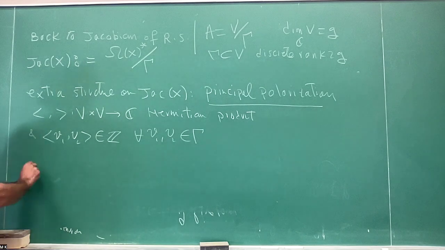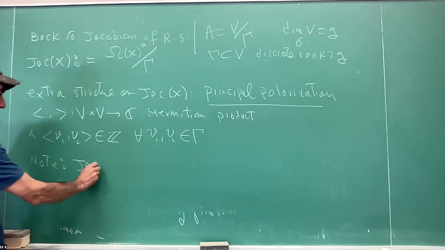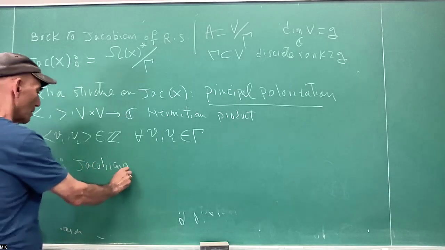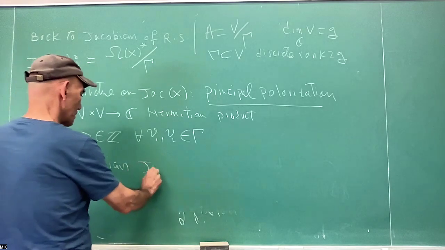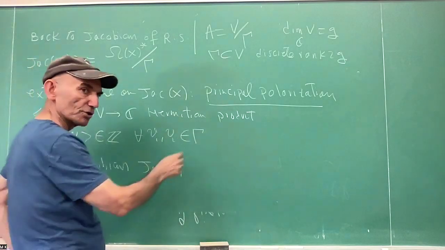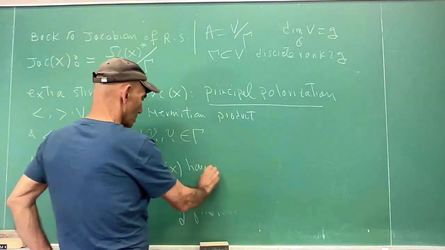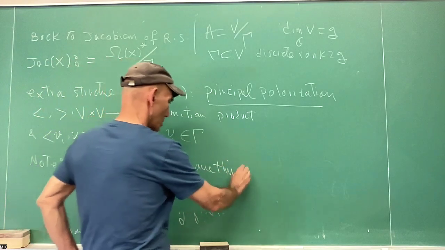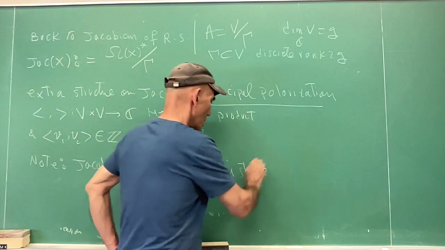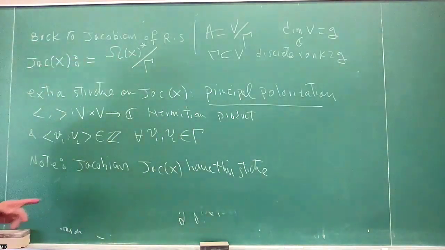So the Jacobians have this structure. We showed that. Jacobians, Jac X, have this structure. You see why they have this structure?